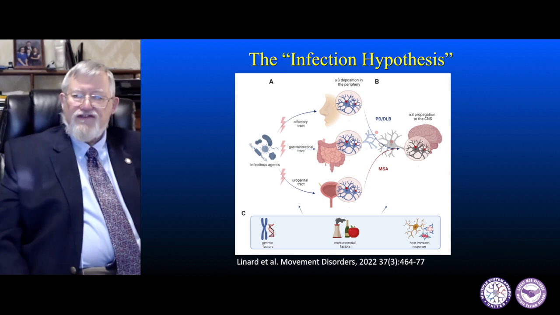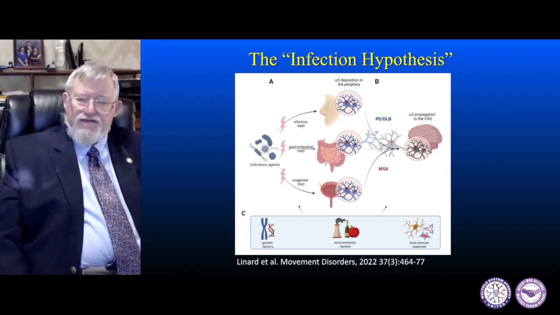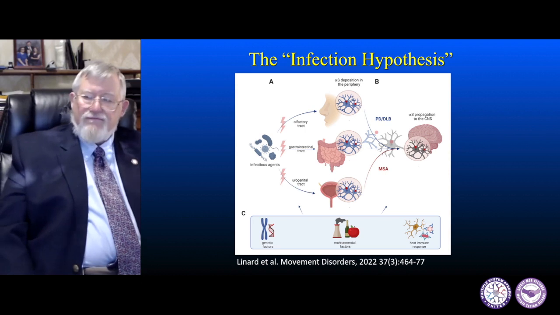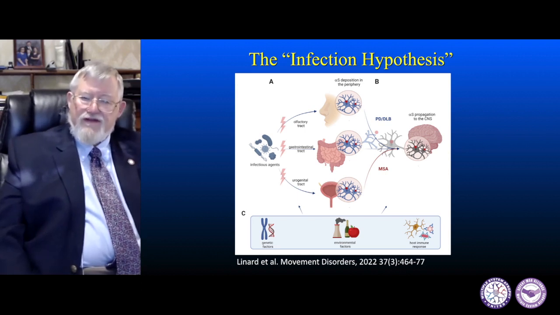So one of the things, this says the infection hypothesis. There's long been the theory that the Parkinsonian diseases could be triggered by some forms of infection. And it turns out that some forms of infection actually do stimulate more alpha-synuclein production in different types of cells, and more conditions within the cells that may favor aggregation of one sort or another.